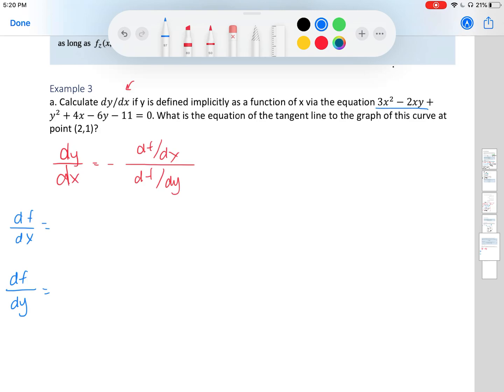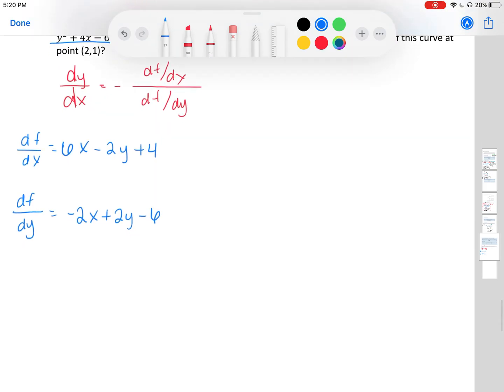Okay, so here we have our function f. Let's take the derivative in terms of x. If we treat our x's as variables and y's as constants, we're left with 6x minus 2y plus 4. And df/dy is negative 2x plus 2y minus 6. Okay, let's go ahead and plug it into our formula.